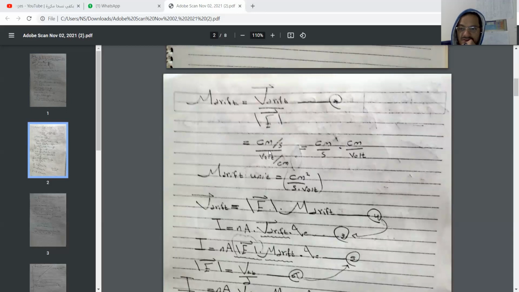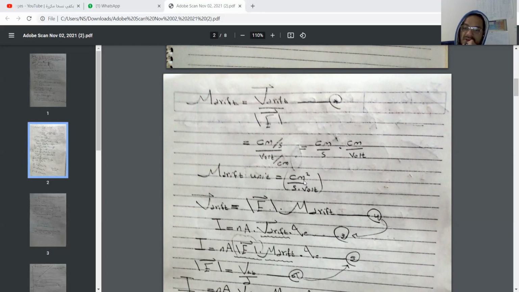And the units are very important here. The unit of mobility is centimeter squared divided by second dot volt, because the unit of the drift velocity of electron is centimeter divided by second, and the electric field is volt divided by centimeter.